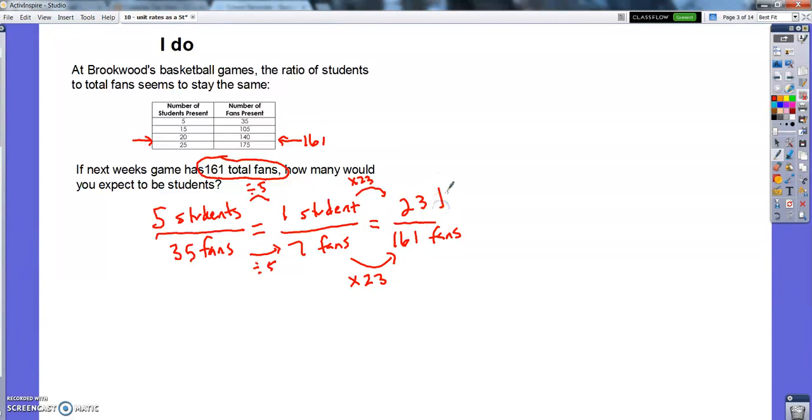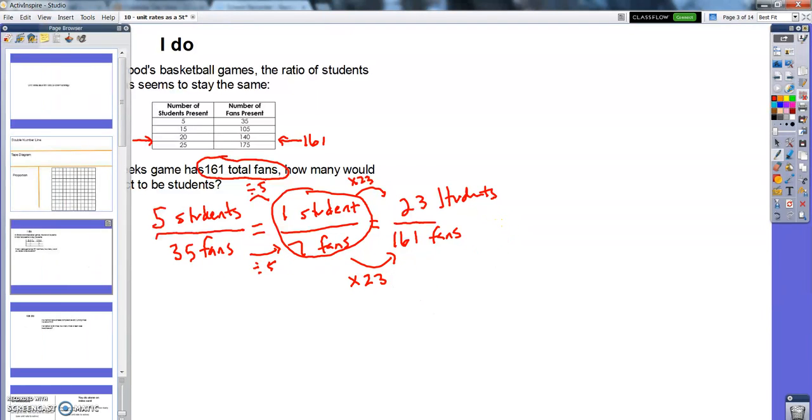Or 23 students, I'm sorry. So pretty simple. By switching to a unit rate in the middle here, it's very easy then to solve the problem from the unit rate. That's kind of how the strategy works. It's sort of like, if I do that first, then it's no problem to jump to the answer.